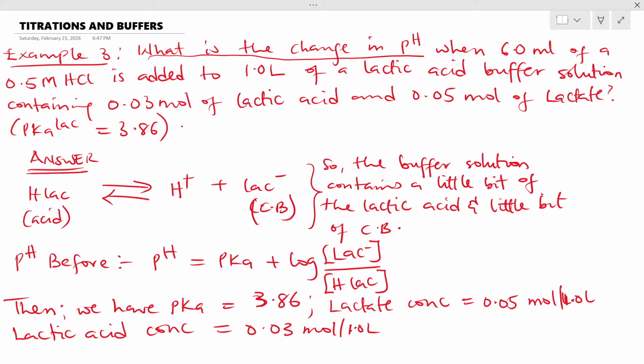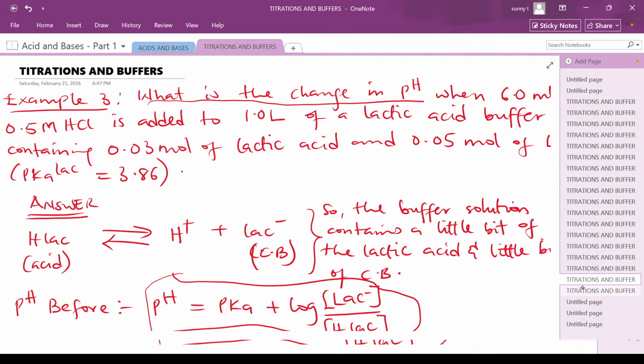Alright, so if we apply this Henderson-Hasselbalch equation right here, we'll have the following on the next page.